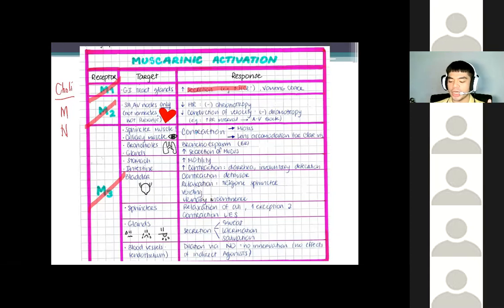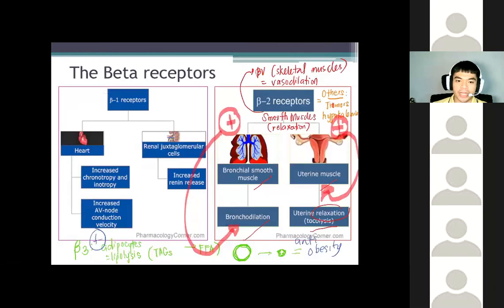Moving on, muscarinic 2. We can find these receptors in the heart as well. The difference is that beta 1 earlier is found in the ventricles, but here, it is in the atria.